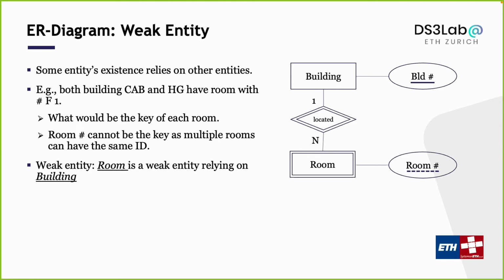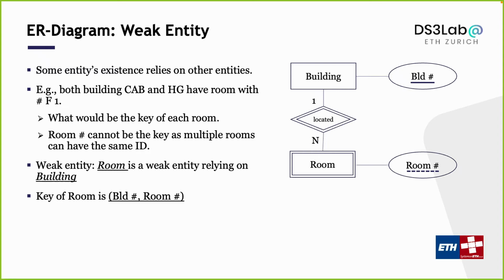The consequence of this is that whenever you are talking about the key of a room, it's going to have the weak key, which is the room number, combined with the key of the building. Whenever I talk about room, I need to talk about which building it is and also which number it is. That's the implication.